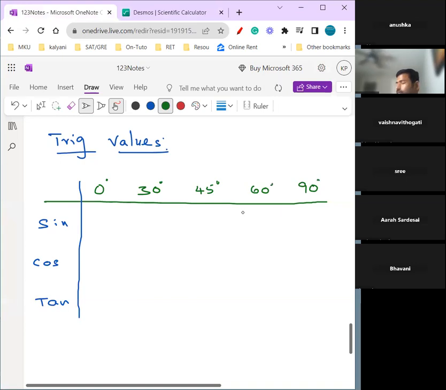We're going to learn more about radians and those things as we go through, but right now, let's focus on what really is important. Sine 0 is 0. Sine 30 is 1/2. Sine 45 is radical 2 over 2. Sine 60 is radical 3 over 2. And sine 90 is 1.